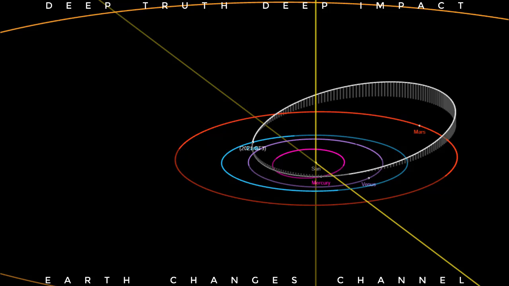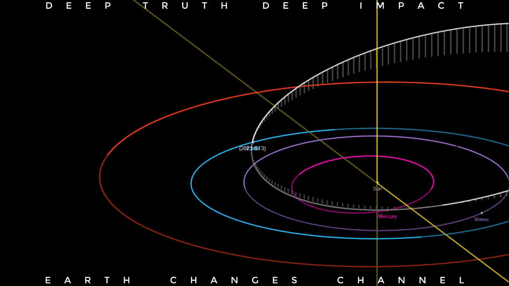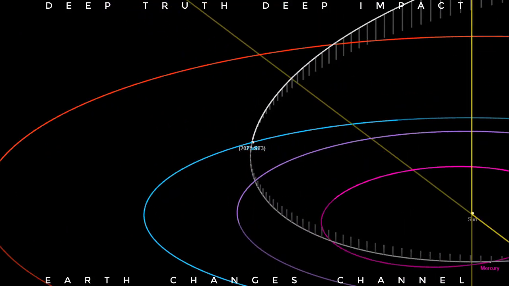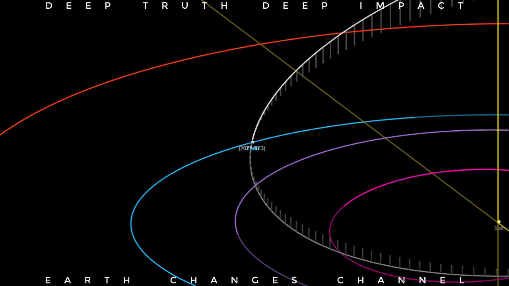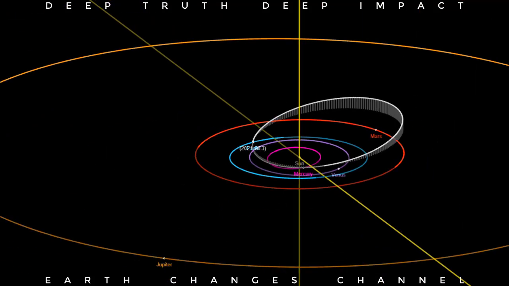And we are going to look at this other rock that is coming in, which is 2021 GT4. So let's check that out and see what we have over there.